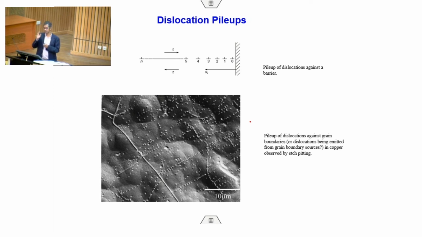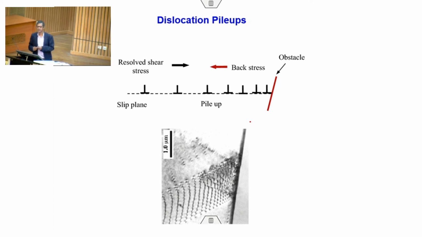Nonetheless, grain boundaries act as a pile up. This picture shows the dislocations going inside that grain and coming to the grain boundary, and they could not move farther. So, they pile up. Just like in Indian railway stations, when people are buying tickets, you see the piling up of passengers.